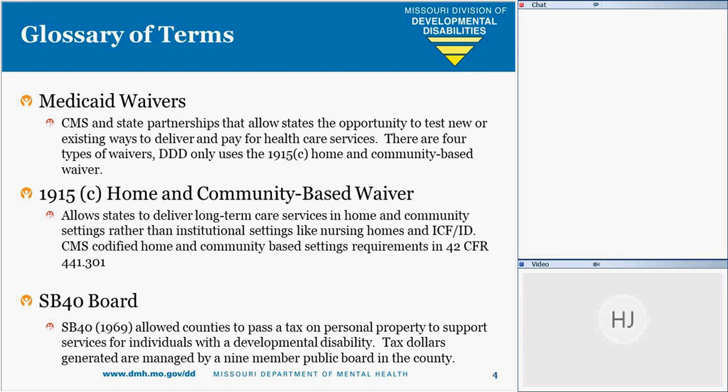For the 1915C Home and Community-Based Waiver, we commonly refer to Home and Community-Based as HCBS, so I will use that term throughout this presentation. What the 1915C HCBS waivers do is allow states to deliver long-term care services in home and community settings rather than institutional settings like nursing homes or ICFIDs.